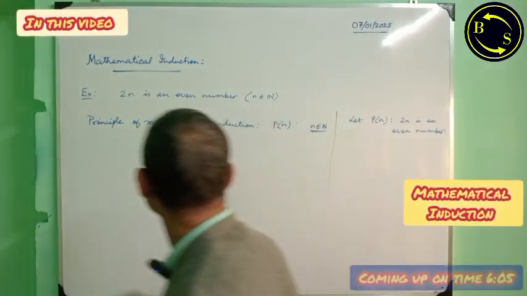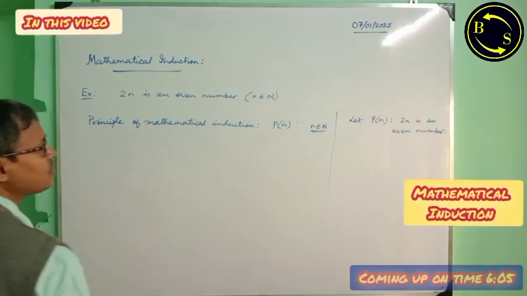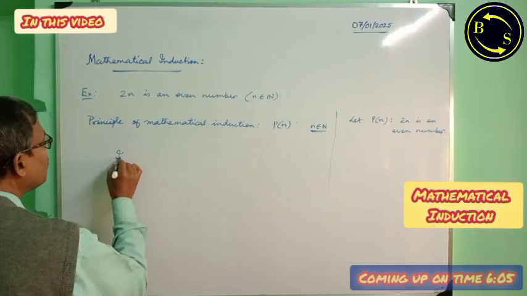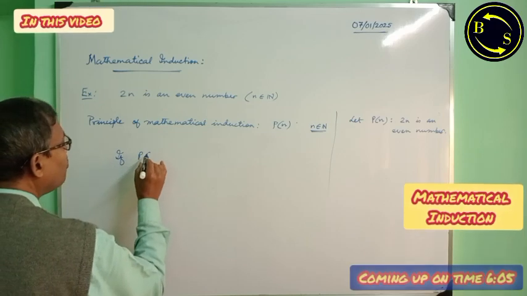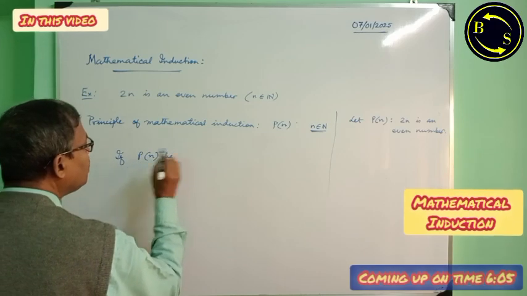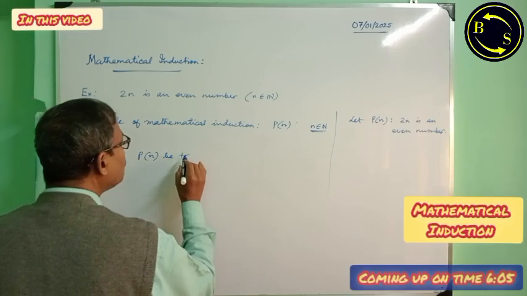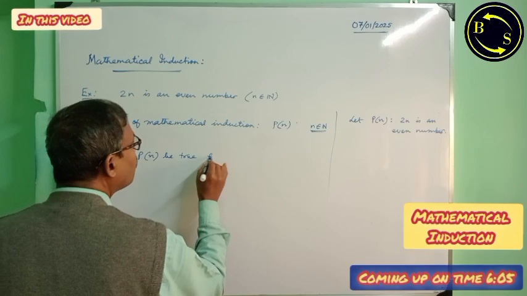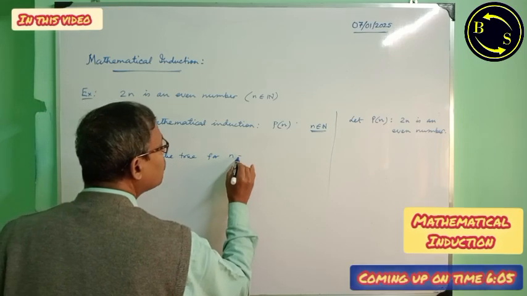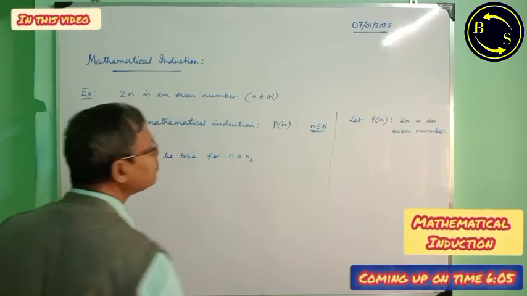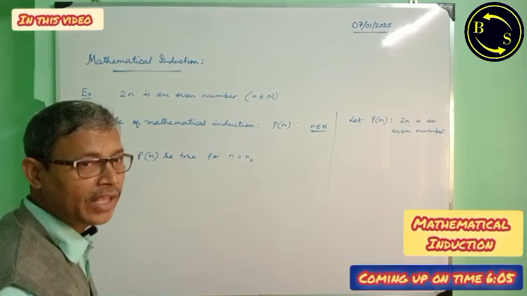Now, the principle of mathematical induction states that if Pn be true for say n equal to n naught, that is the least value of n.